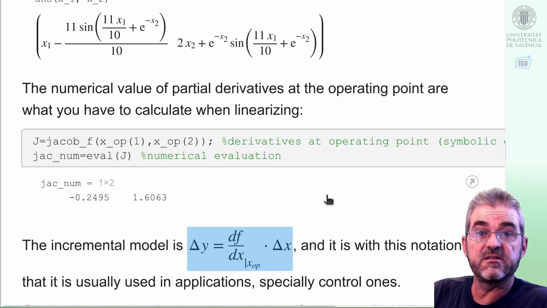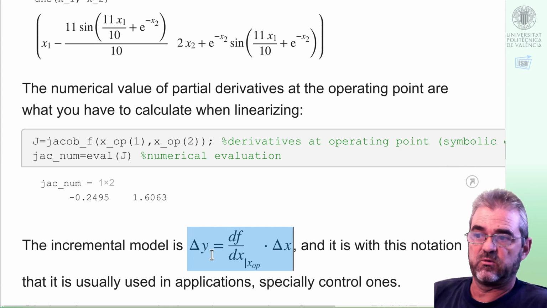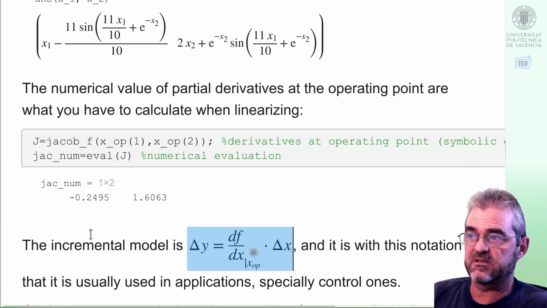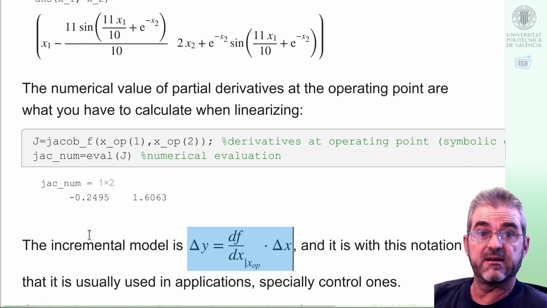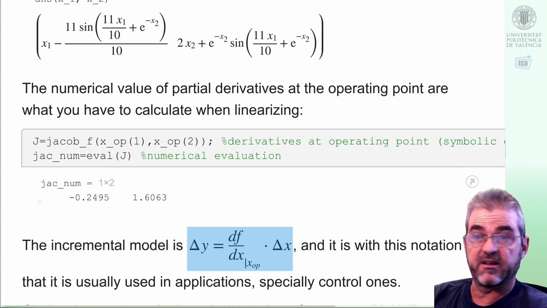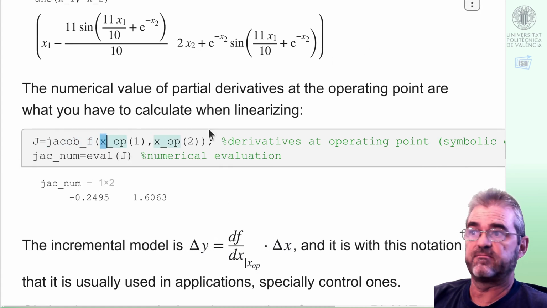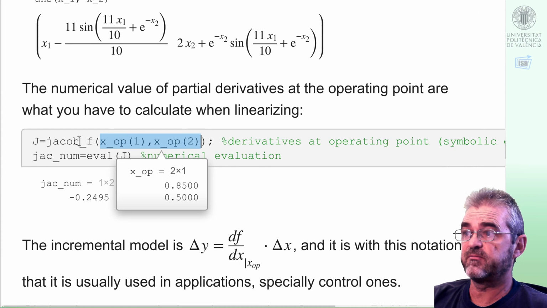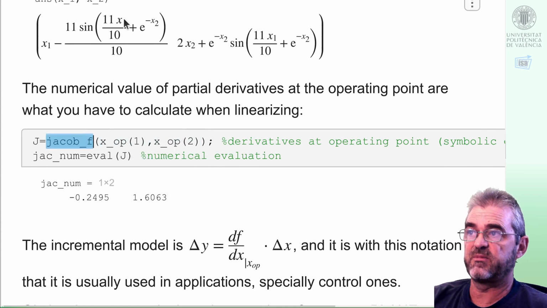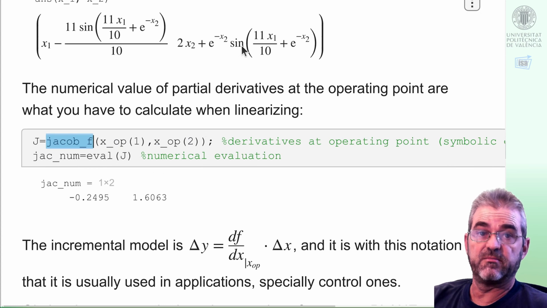Here we have it repeated, and well, for later operations I will think of increment of f being the exact increment of the nonlinear stuff, and I will call the approximation increment of y equal to this Jacobian times increments. So if I were in a pen and paper examination, my linearized model would be evaluating the Jacobian, this expression there, at the operating point, and of course, replacing in x1 and x2 some numbers, but Matlab will keep the symbolic expressions.